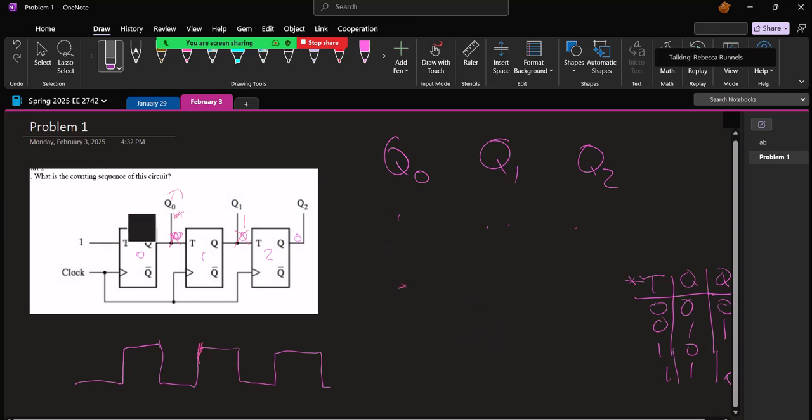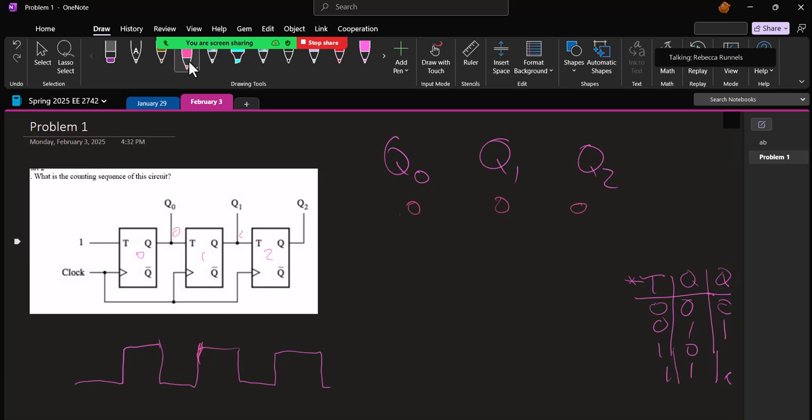Okay, so let's review. I'm starting with 0, 0, 0. So that means that I have a 0 here, a 0 here, and a 0 here. My input into flip-flop 0 is 1.